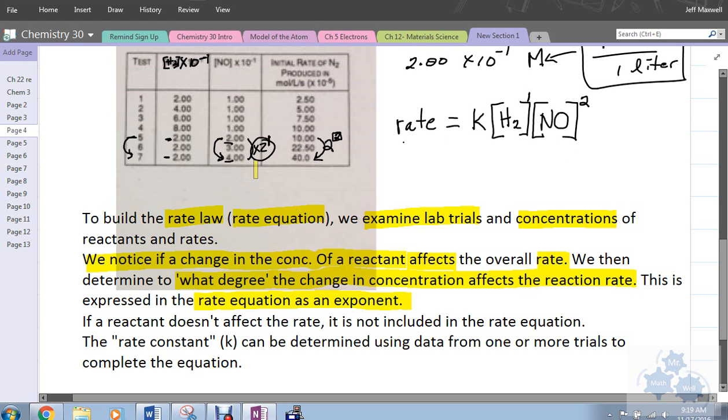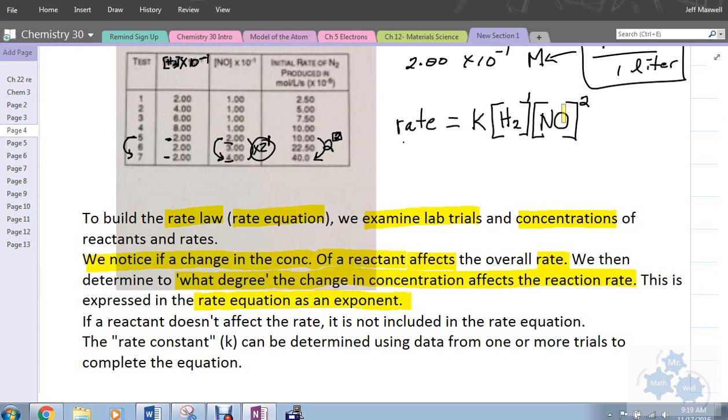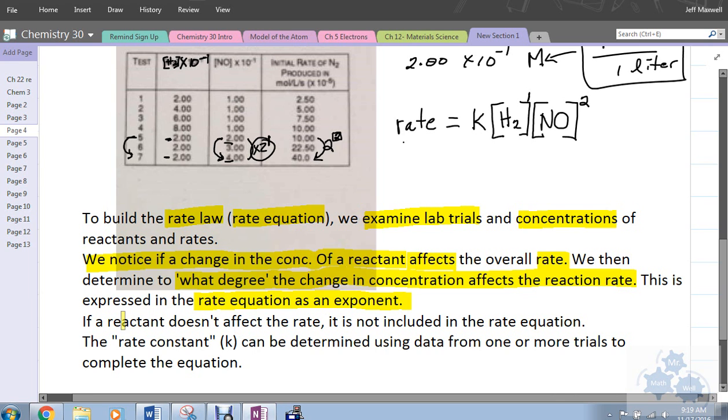Doubling and quadrupling turns into a change in concentration squared, because 4 is 2 squared. So we're always looking for exponents to put in our rate law, not scalars or multipliers. Exponents always. If the reactant doesn't affect the rate, it is not included in the rate equation.